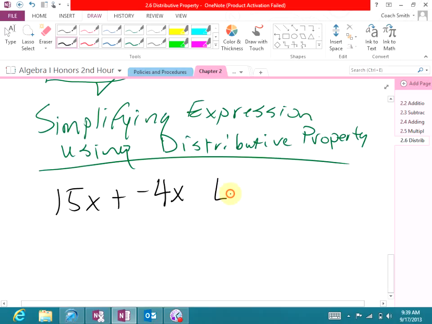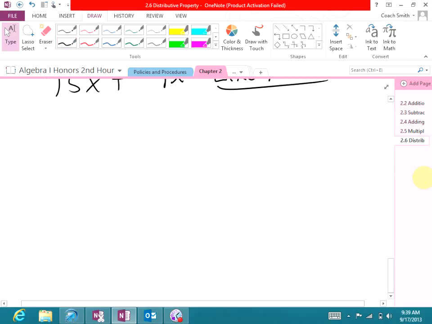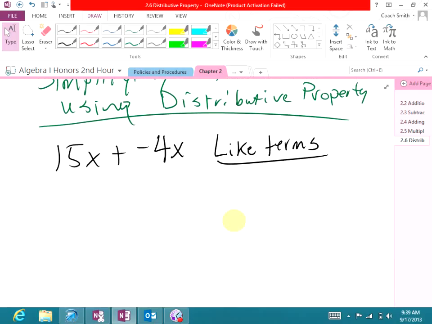First of all, these are like terms, because they both have an x, the same variable with the same exponent, x to the first. So I can use the distributive property to do this.